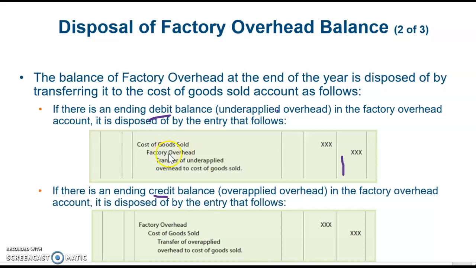If it was under allocated, then we're going to add it to cost of goods sold. If it's over allocated, then this is going to reduce cost of goods sold. The reason, if it's under allocated, we can't transfer it to a job is because we don't know what job it would go to.